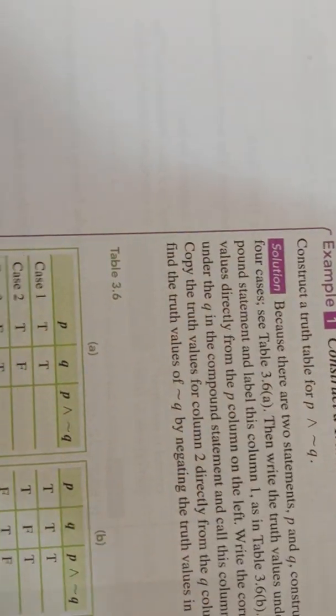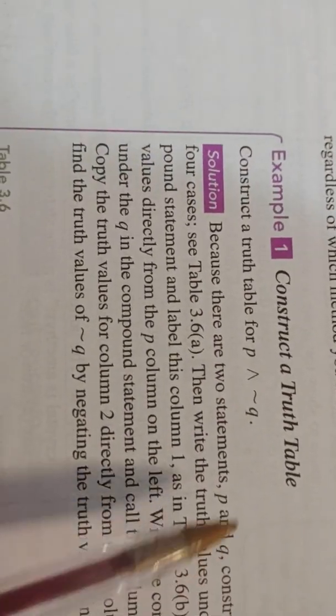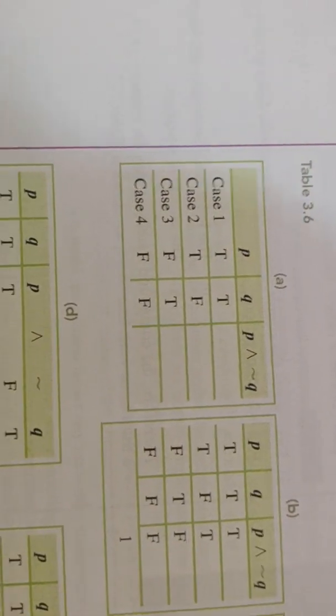So here we have an example problem. In this example problem, it says construct a truth table with P or negated Q. We first start out with P, Q, which is the table that we worked with before, and we already have these over here with that truth table. Here's that truth table here.